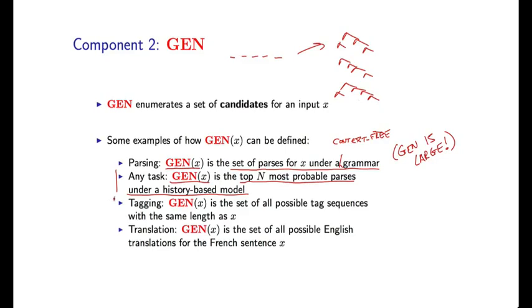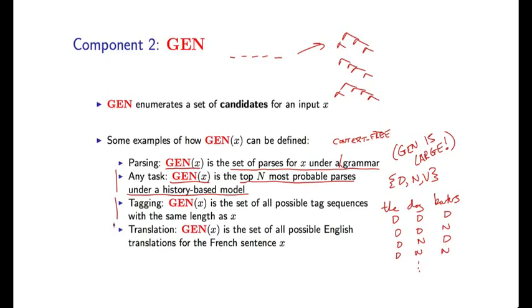In tagging, we could define gen x to be the set of all possible tag sequences for an input sentence. So if we have, say, the dog barks, and the set of tags we have is D and V, then we have basically every possible tag sequence as gen. Again, this set is quickly going to get very, very large. It's going to grow exponentially quickly with respect to the length of the sentence.